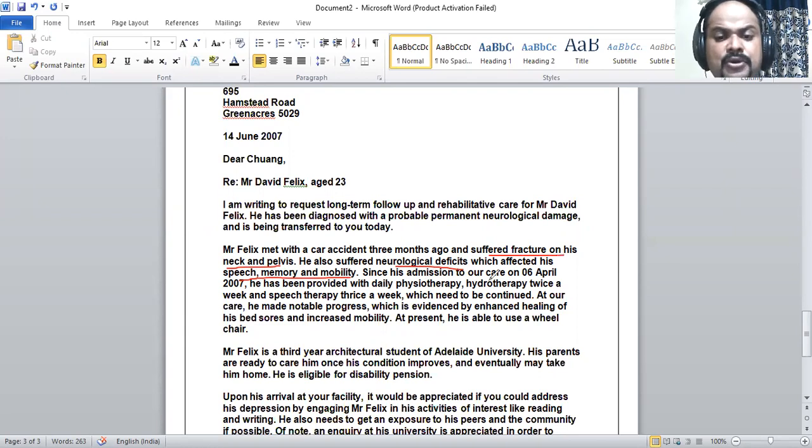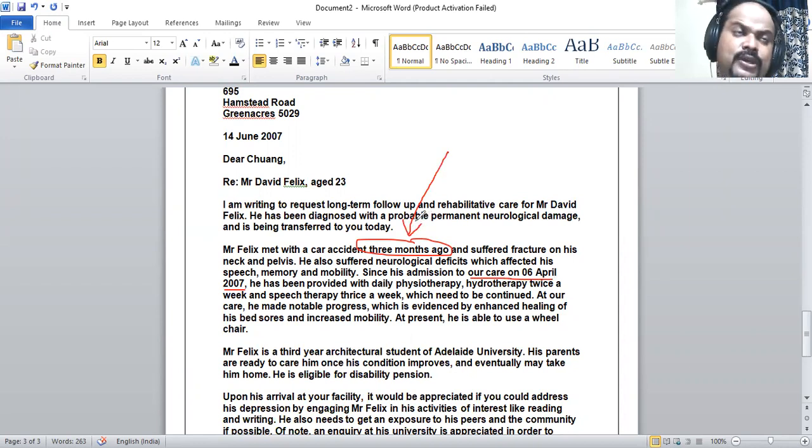Since his admission to our care on 6 April 2007, he has been provided with daily physiotherapy, hydrotherapy, and speech therapy, which need to be continued. So he met with the accident 3 months ago. He came to our care on 6 April because he didn't come to our hospital directly after the accident.